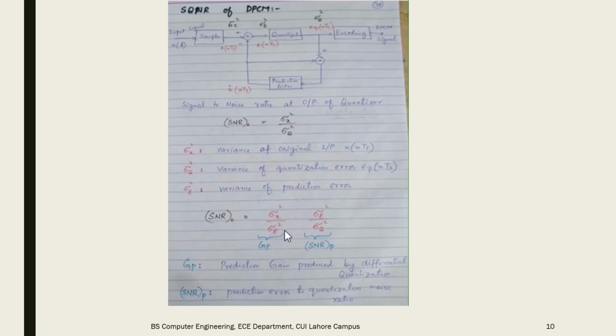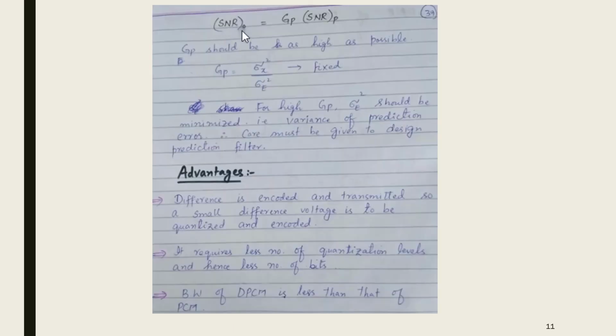Now we can say that sigma x square over sigma e square is Gp, which is the prediction gain produced by differential quantization, and SNR of p is the prediction error to quantization noise ratio. So output SNR is equal to Gp times SNR of p. Gp is basically the prediction gain, defined as sigma x square over sigma e square.